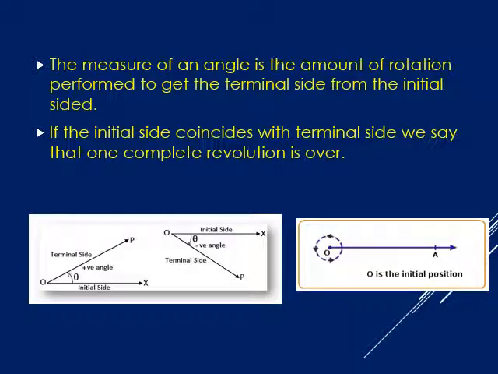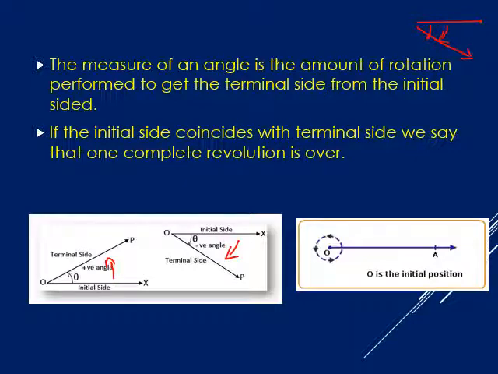The measure of an angle is the amount of rotation performed to get the terminal side from the initial side. Suppose this is a terminal side. If we are rotating, how much it rotates is called the measure of angle. You see here, this is the anti-clockwise direction, and this is the clockwise direction.